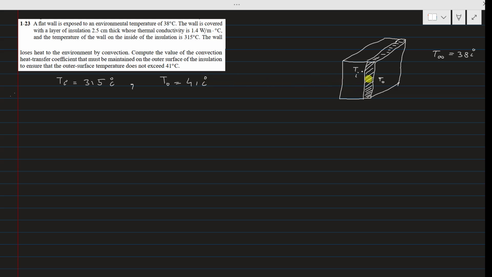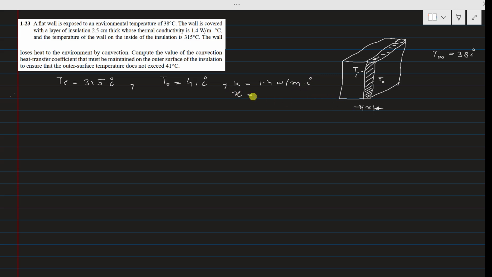So if you look at this, the heat transfer that takes place in this insulation is by conduction heat transfer. The thickness of the insulation is X, and the thermal conductivity of this insulation is also given, that is 1.4 watt per meter °C.